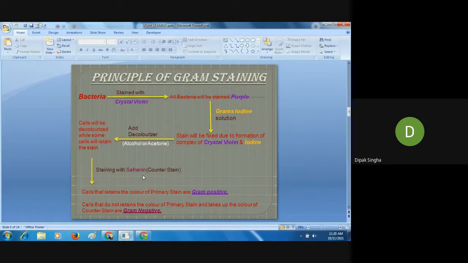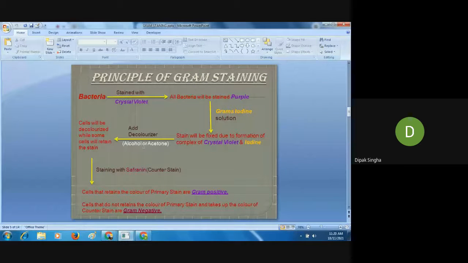The problem is in the case of safranin. Safranin red, comparatively, if you can remember it this way: just as crystal violet is obviously violet in color, even if you do not have the practical, the name safranin red mentions the red color, so you can remember it is red in color. So alcohol is called the decolorizing agent.